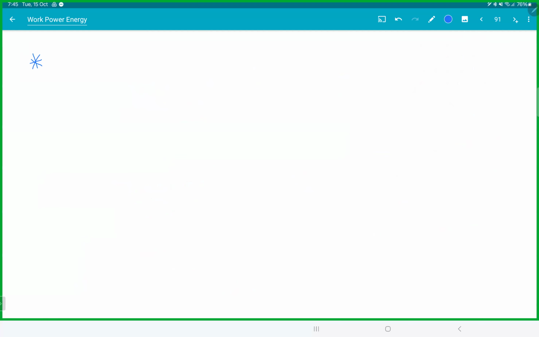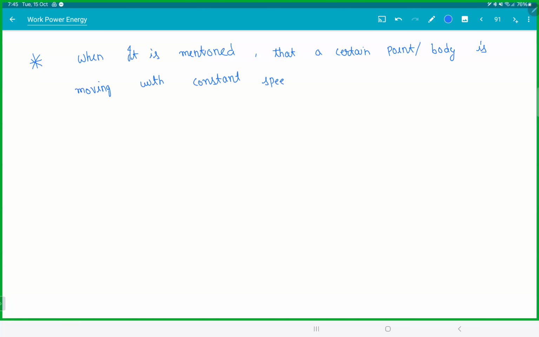Whenever it is mentioned that a certain point or a certain body is moving with, this word is important, a constant speed or acceleration. Constant is important.